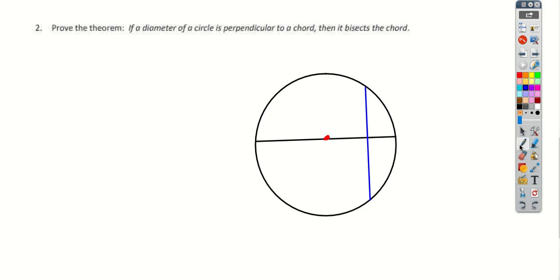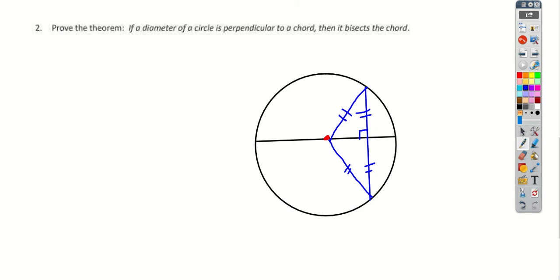If this chord creates a 90-degree angle with the diameter, then it has to cut it in half. Once again, it's coming from this 90-degree angle. So it's coming from these two being equal, right? We got HL, and therefore these are going to be cut in half.